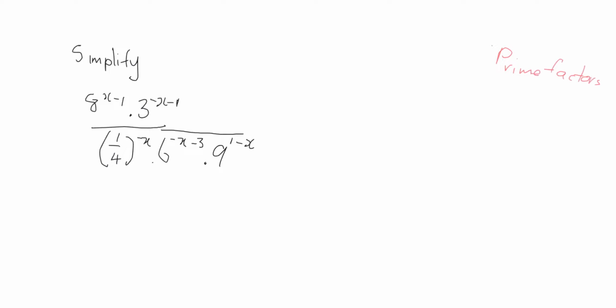The second thing that you're going to do after finding prime factors is you're going to multiply your exponents in brackets. So these are some of the things that you are going to do.